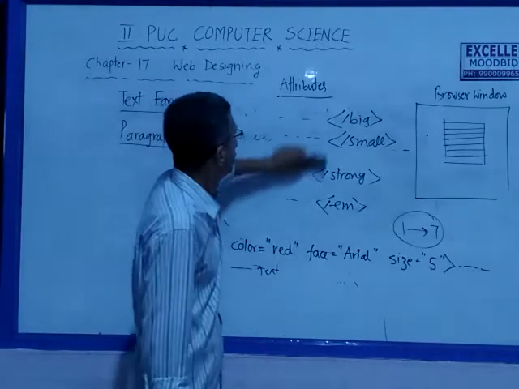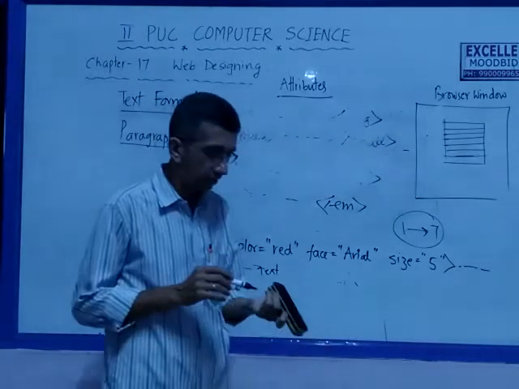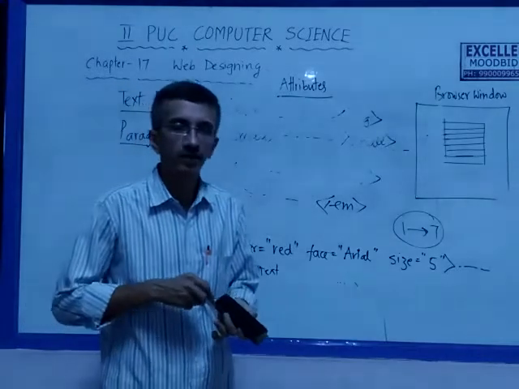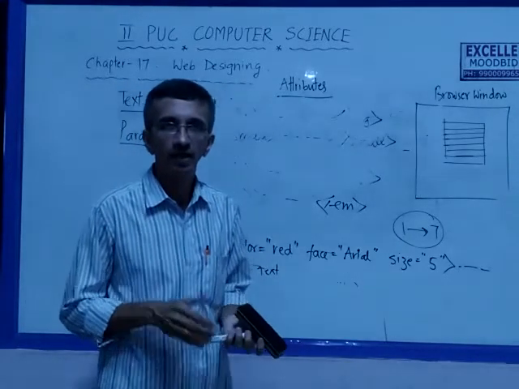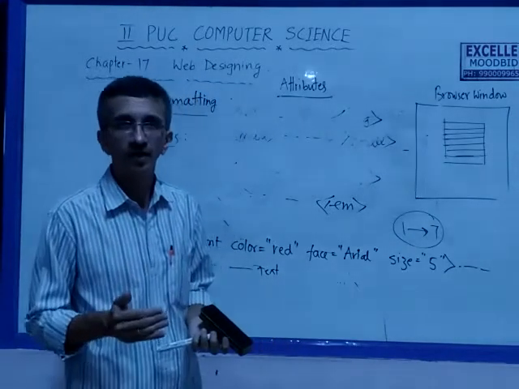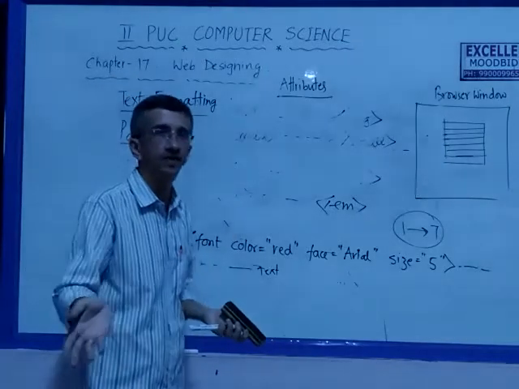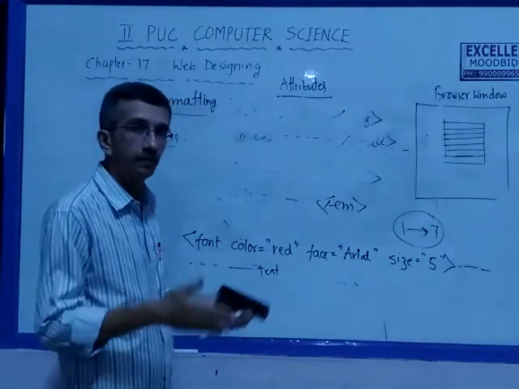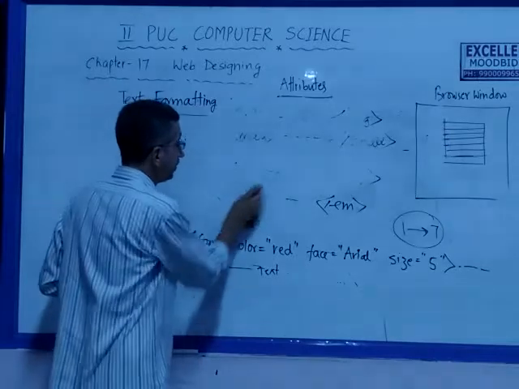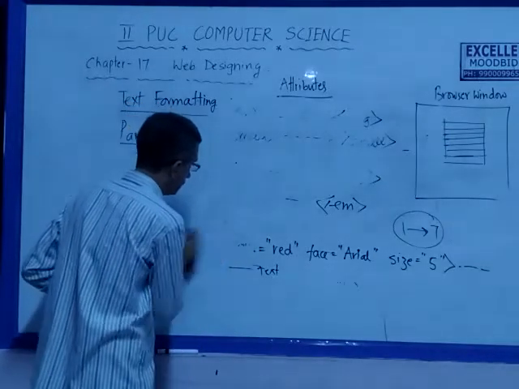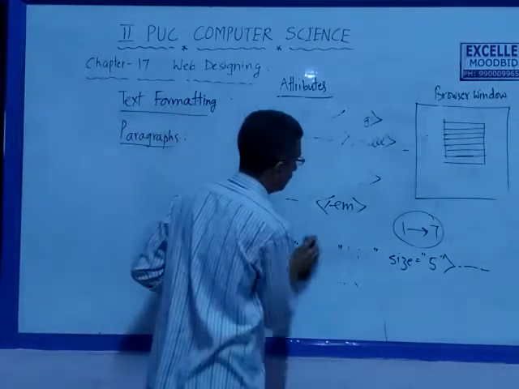Then the formatting may also include alignment of text. In the paragraph we have seen basic alignment as an attribute, like paragraph aligns left, right, center or justify. Alignment can also be done using other tags. The center tag.